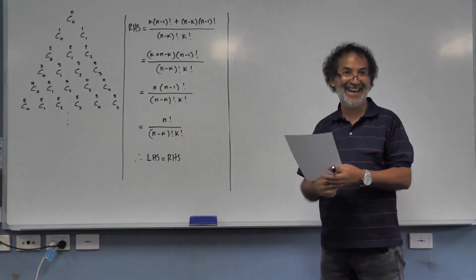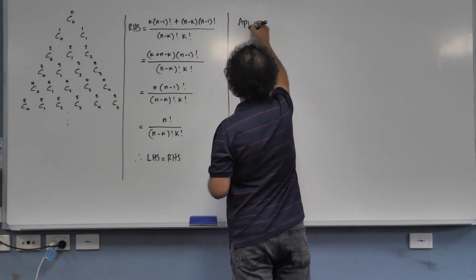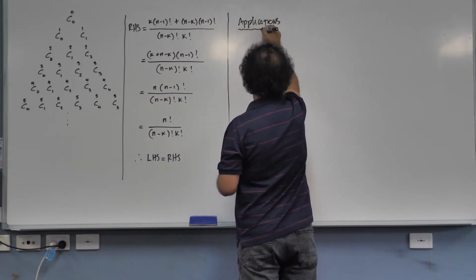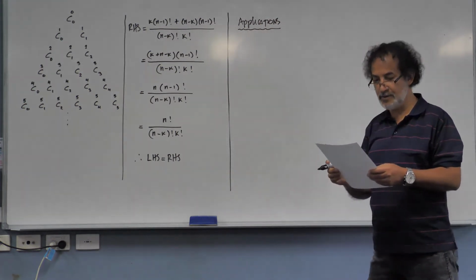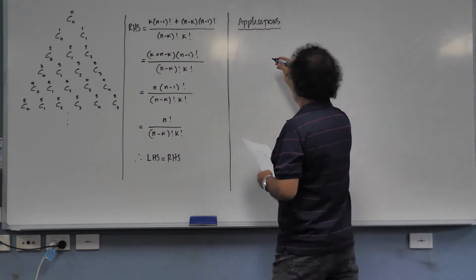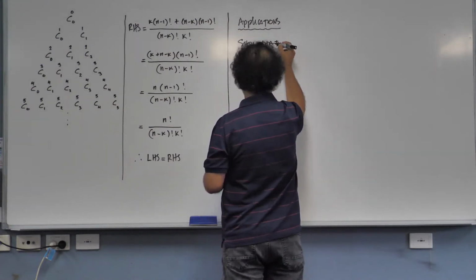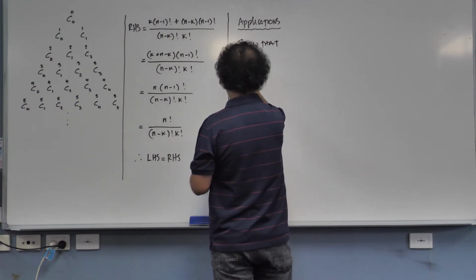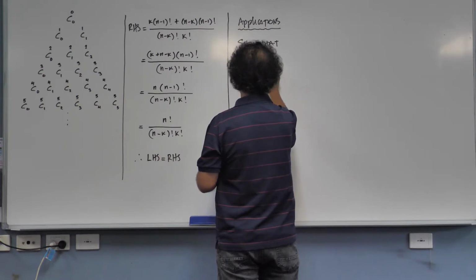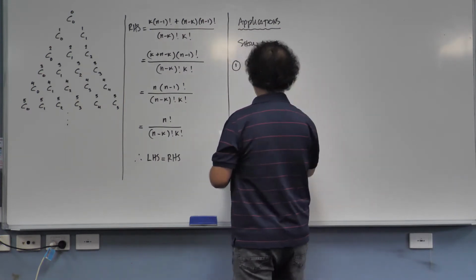Okay, we're going to say applications. Show that number 1, 8C3 is equal to 8C5.